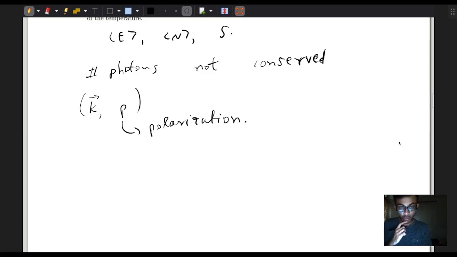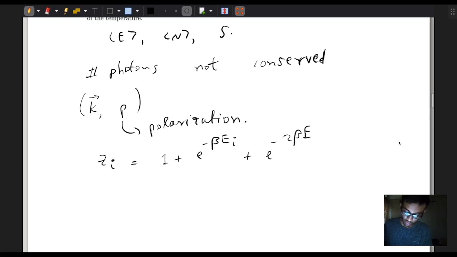So if we look at the partition function for a given single particle state, we know it is going to be this.